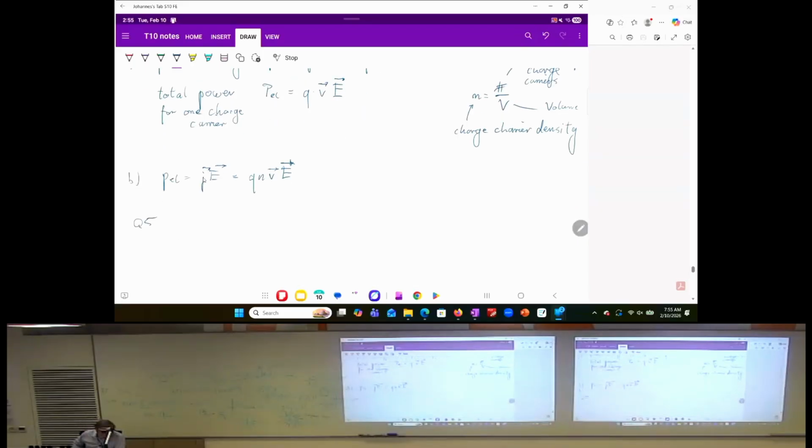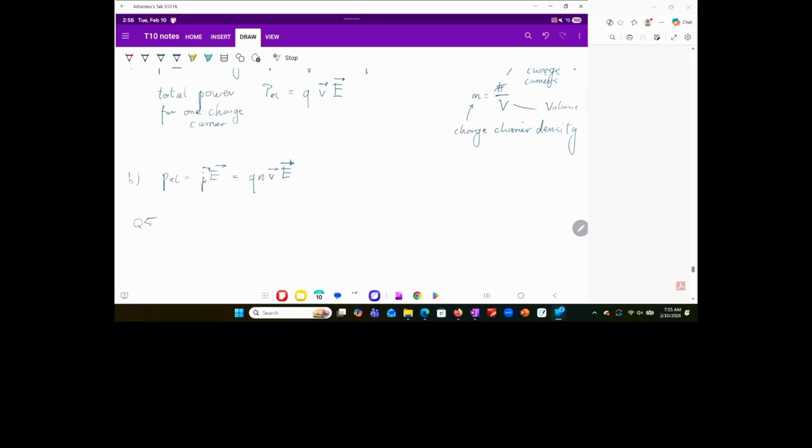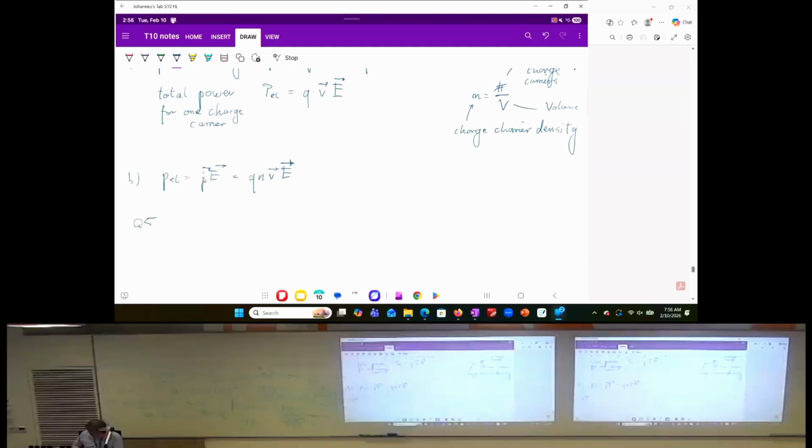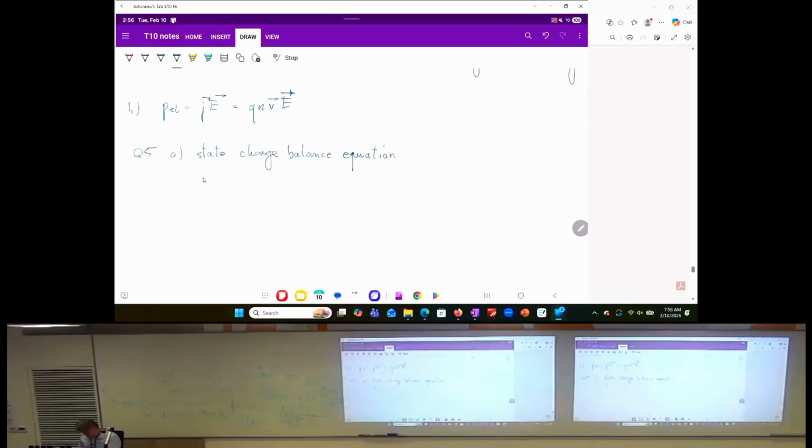Q5, this is state the charge balance equation in differential form. So in differential form, it means that the d rho with respect to time plus the divergence of the current density is vanishing.